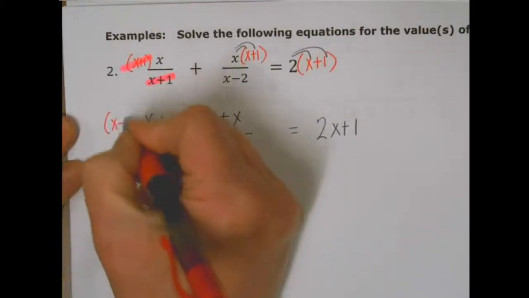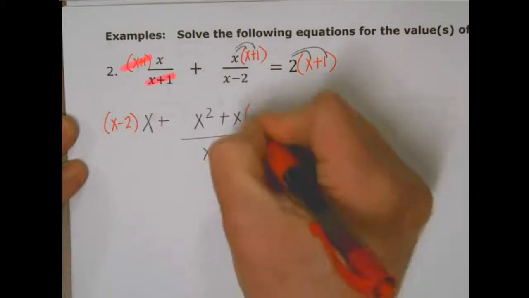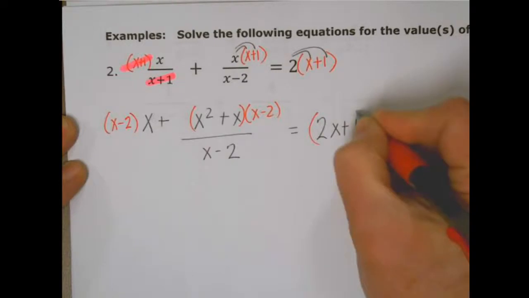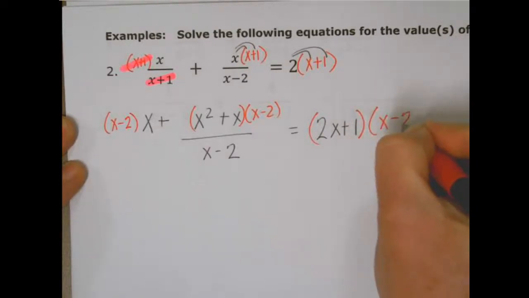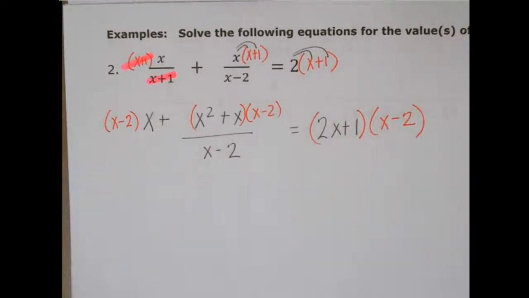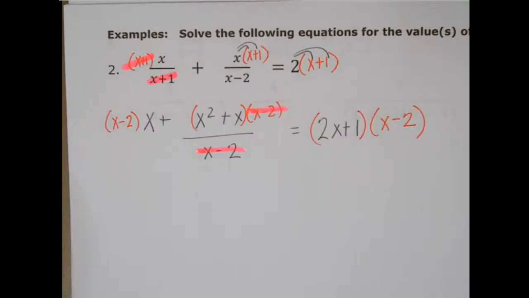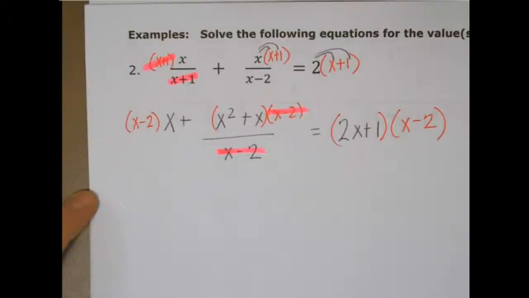So now I'm going to multiply all 3 of my terms by x minus 2. And you need those parentheses in there so that your problem will be mathematically accurate. This x minus 2 cancels that x minus 2.